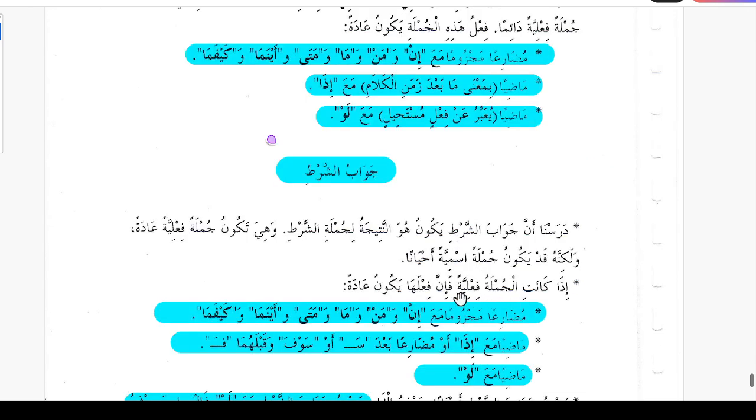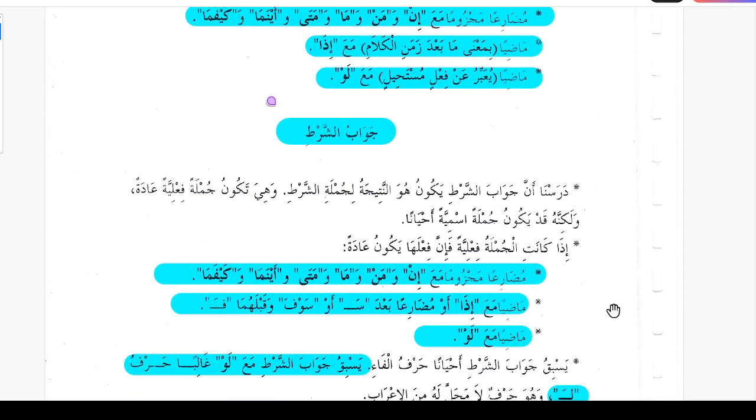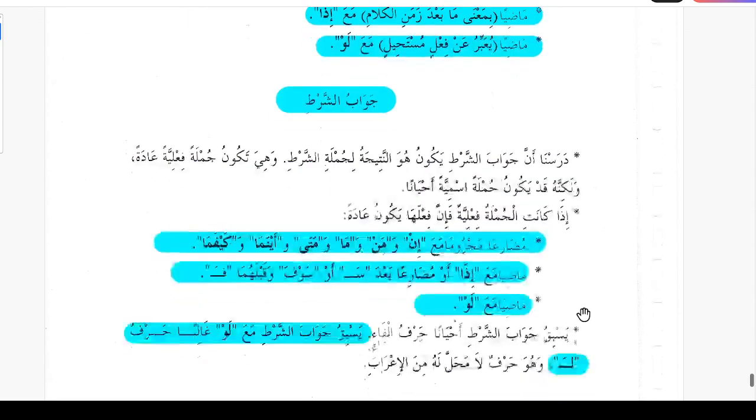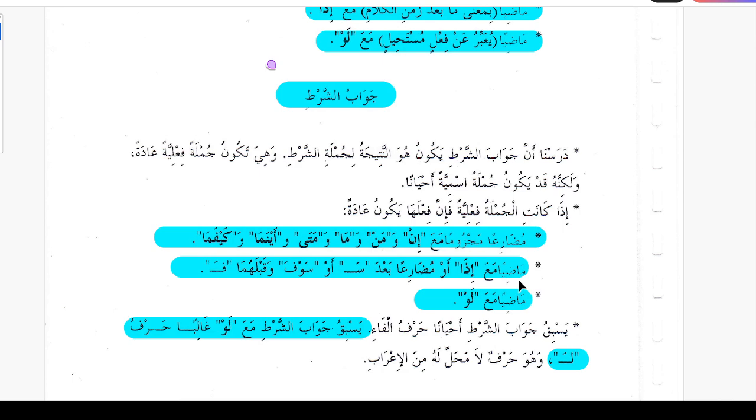When it is a jumla fi'liyya, then it is fi'l mudari' majzoom with in, man, ma, mata, aynama, kayfama. And when it is past tense madi with iza, or with law.